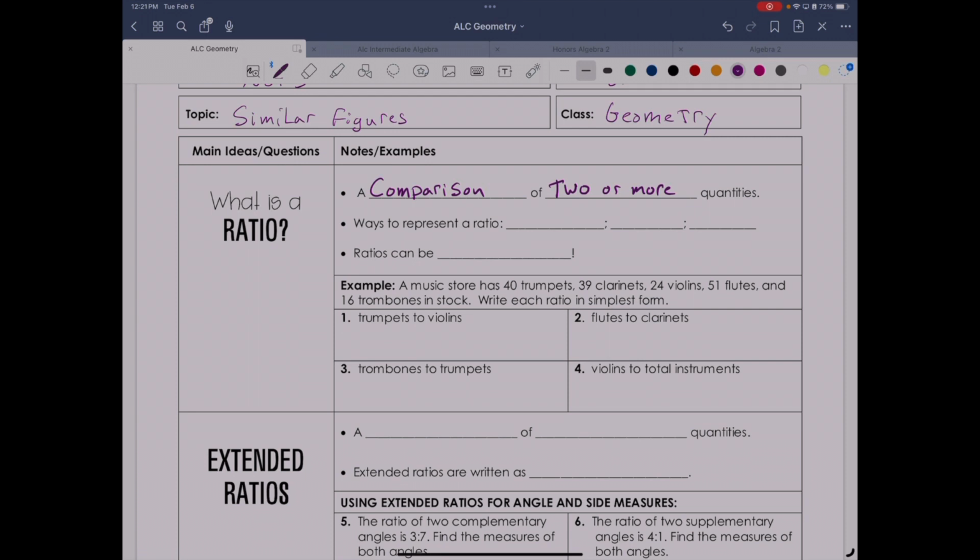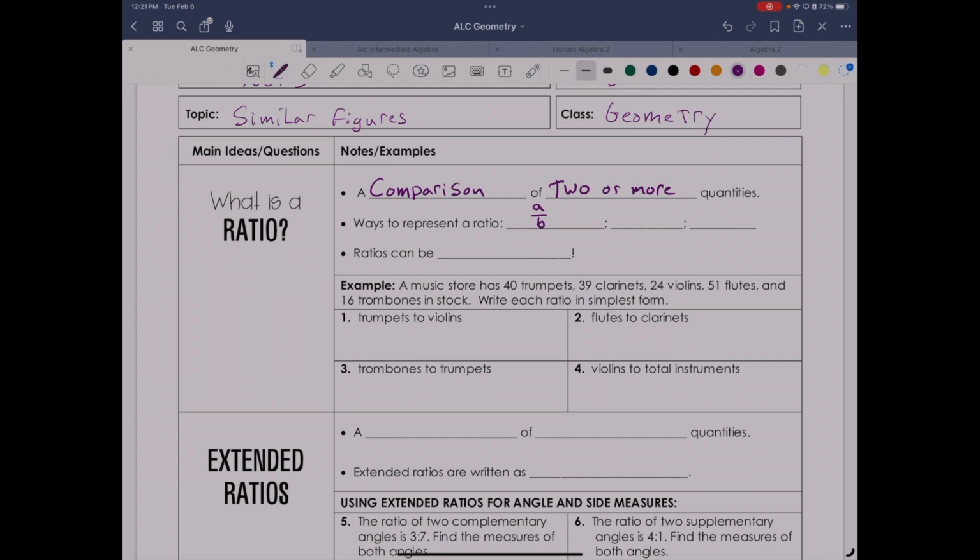And there are different ways that we represent a ratio. Probably the most common way that you guys see a ratio represented is just in the form A over B. It's a fraction. That's what a ratio is. It's just a fraction.